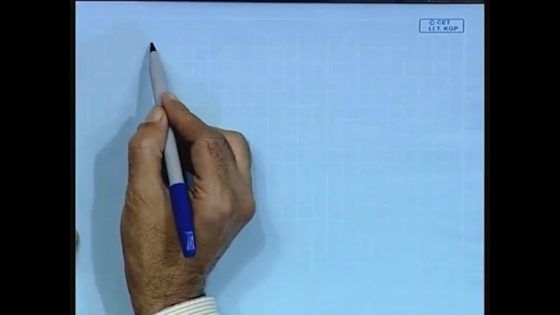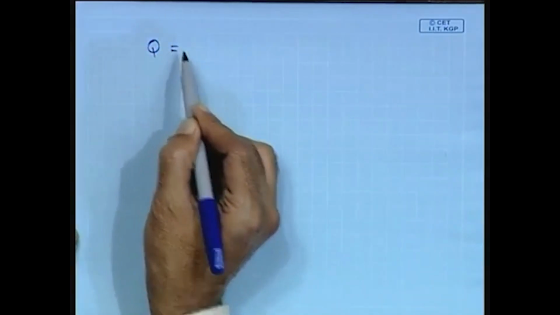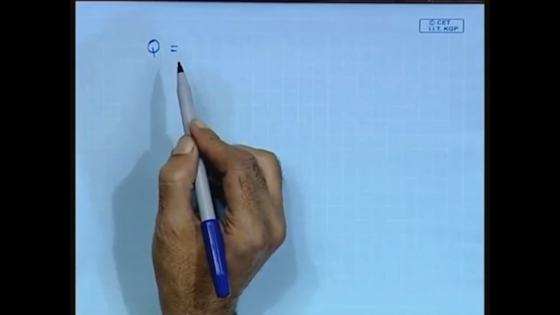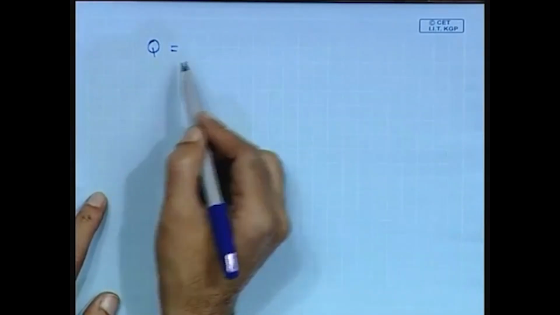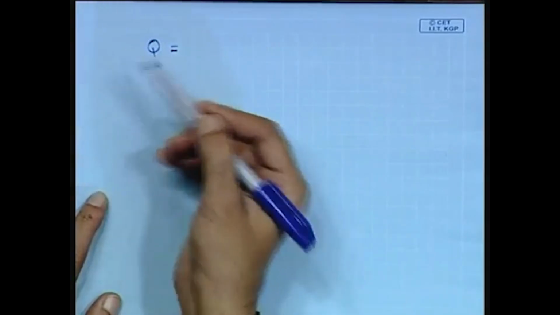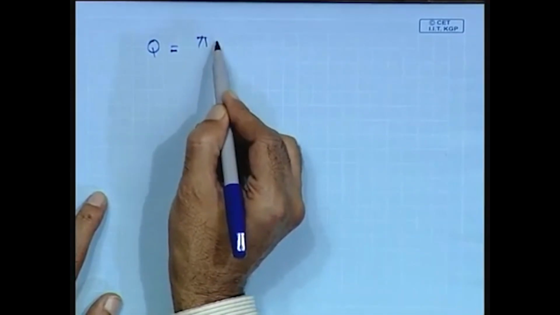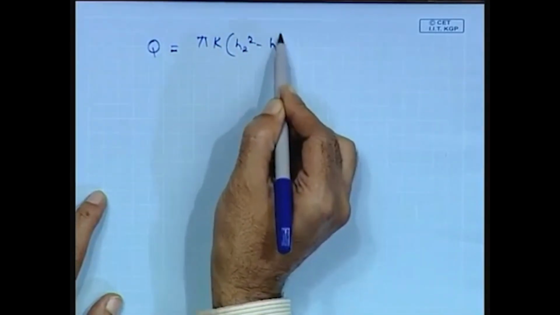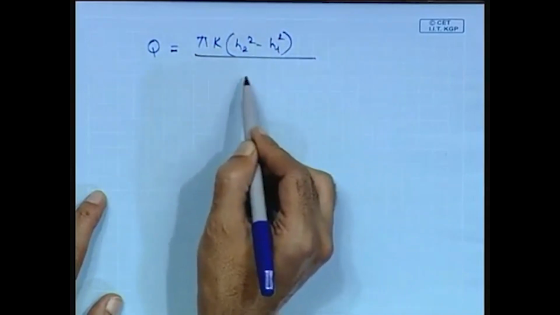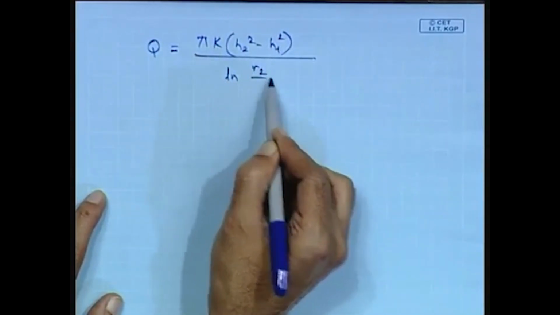So, now we know that for steady flow through an unconfined aquifer, we have the relationship for the discharge in terms of the two drawdowns, given by pi k h2 square minus h1 square divided by ln of r2 by r1.